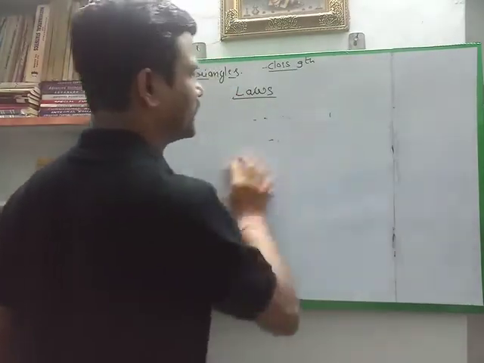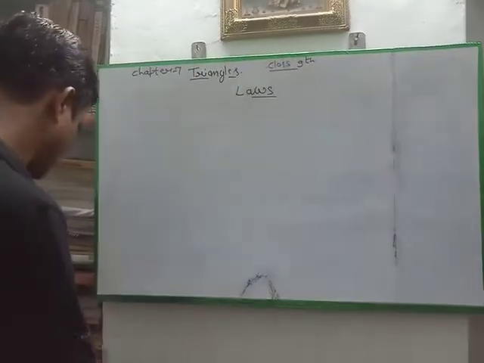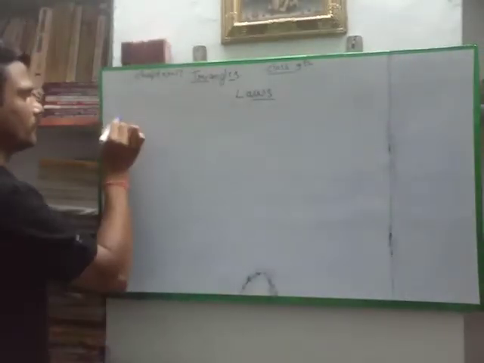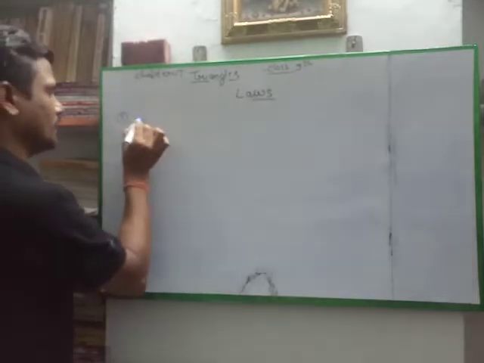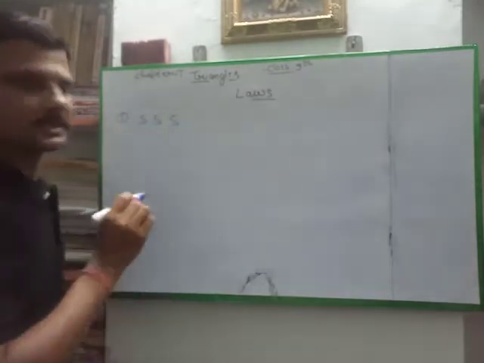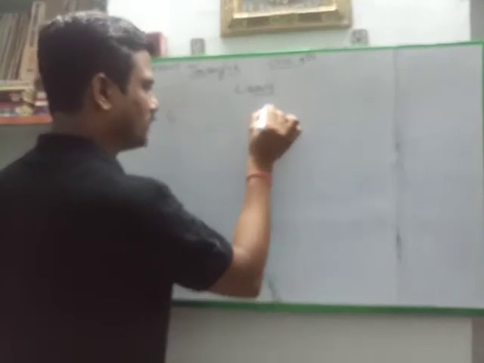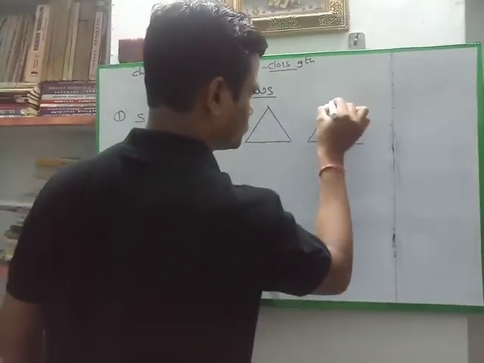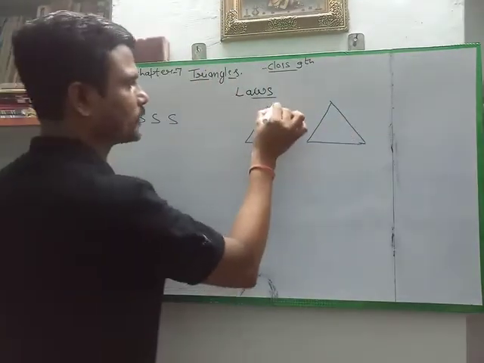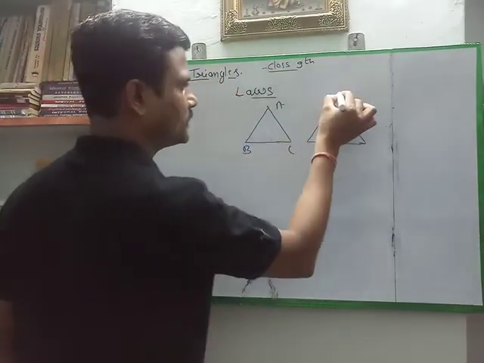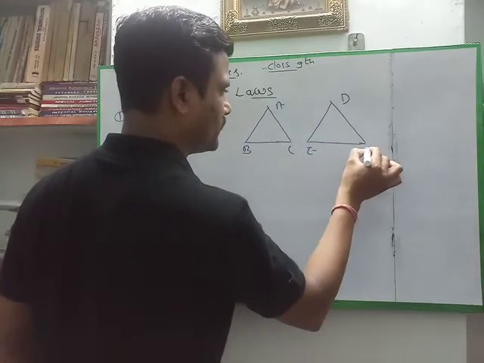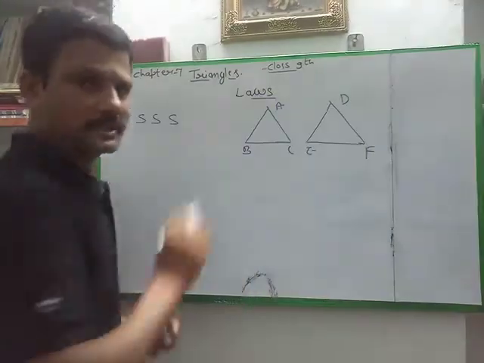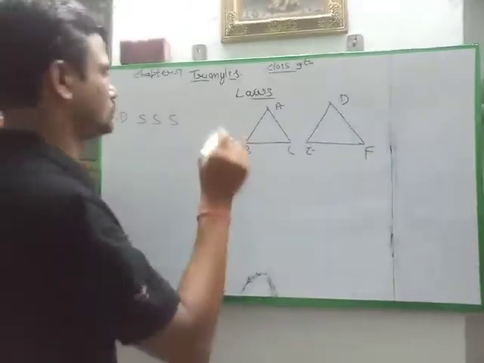Next, we will use four laws related to triangles in this chapter. First law, SSS. Suppose these are two triangles ABC and DEF.